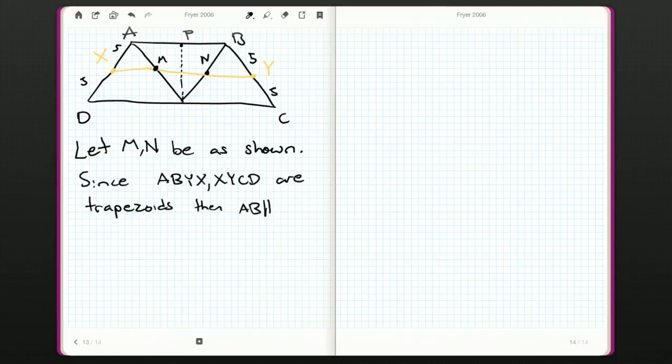We know that AB is parallel to XY is parallel to DC. And that means that XM is parallel to, I have point O here, DO, and NY parallel to OC. Okay.